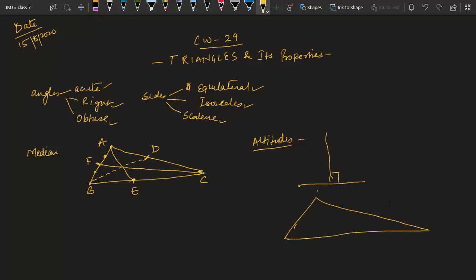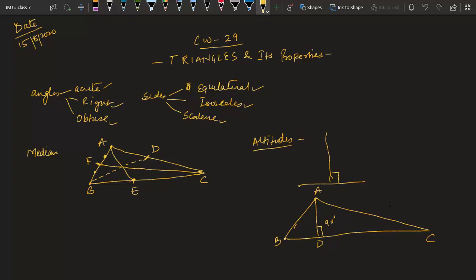So this time A, B, C. Now if I draw a line which is perpendicular to BC starting from vertex A like this, and this is making an angle of 90 degree with the base, then this AD is known as altitude of triangle ABC.